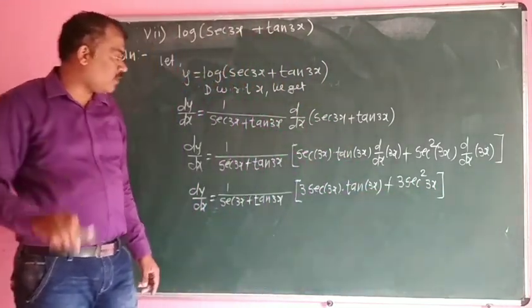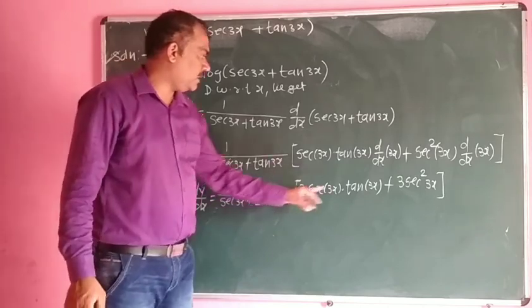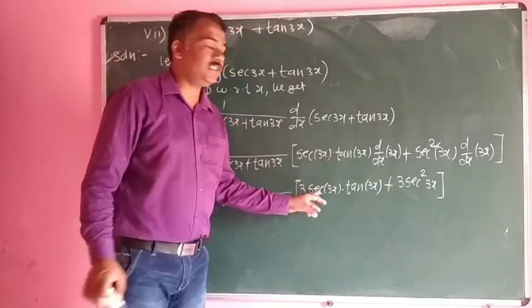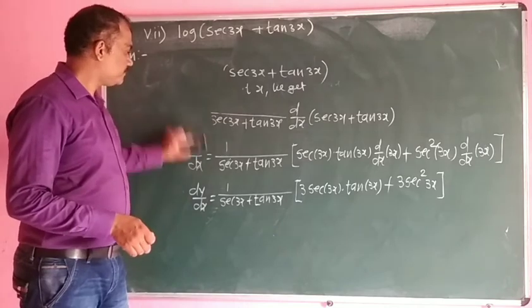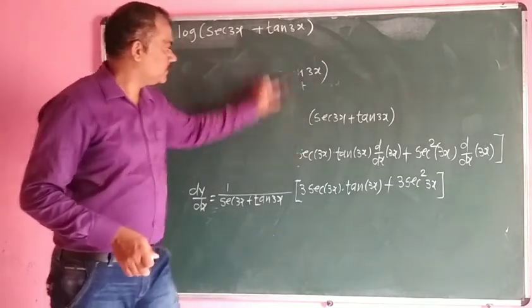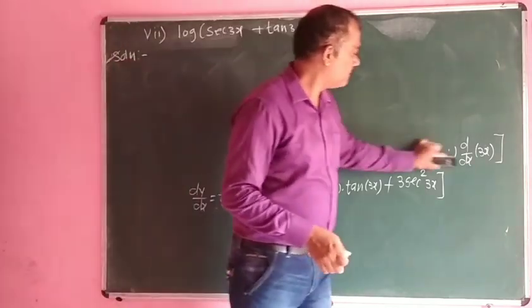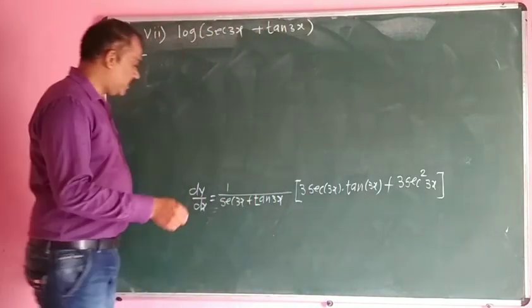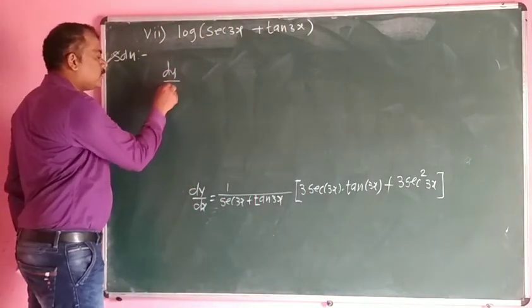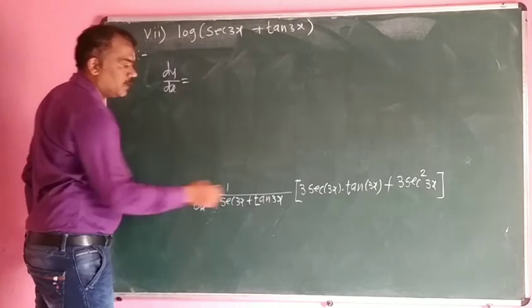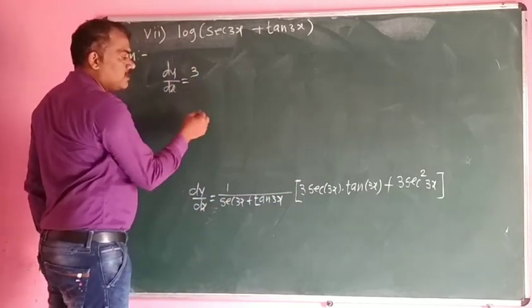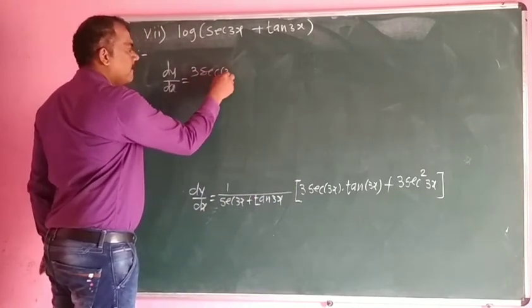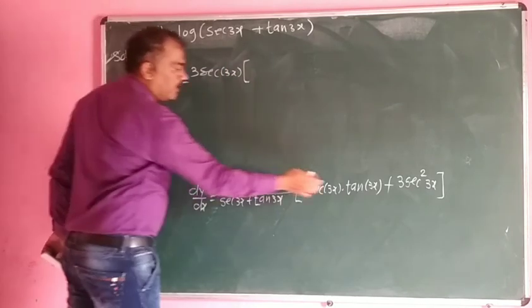Now what do we have to take common? We have to take the 3 common, also sec 3x is common. Okay, what do we get? dy by dx is equal to 3, we take common, also sec 3x is common, into, here what is remaining?